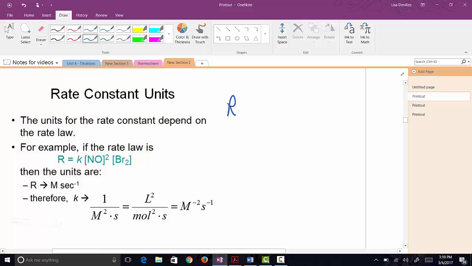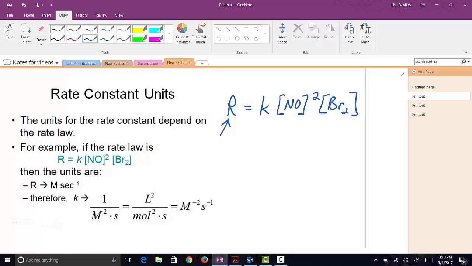I'm going to rewrite this over here: the rate of reaction is always going to be the molarity over some unit of time. Most commonly, it's per second, but it's just a molarity divided by time. In this one, it's looking at seconds. So it has to be that.